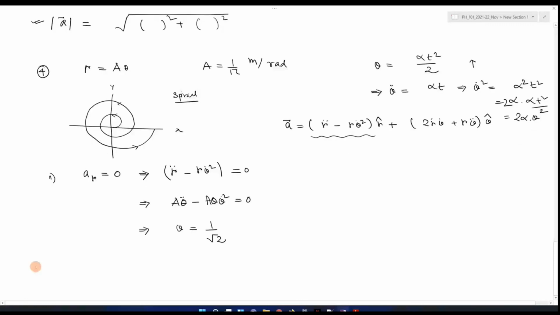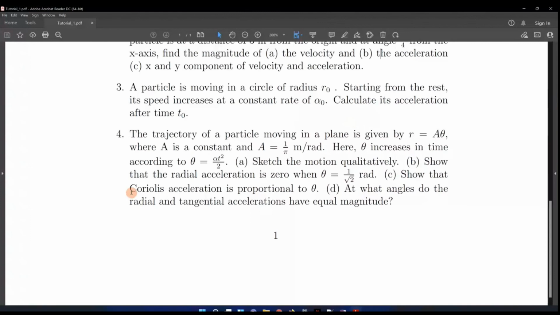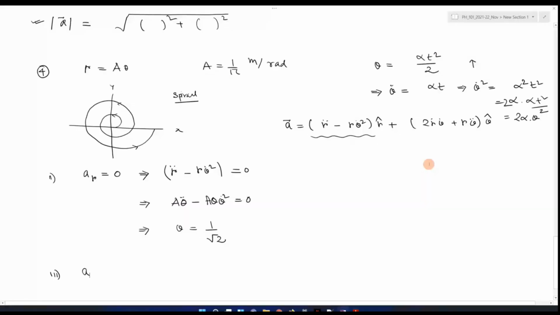Next part, you are asked to find what will be the Coriolis term. The equation is this, so that Coriolis acceleration is proportional to theta. This term is actually called Coriolis acceleration. Okay, this term is actually new to you. So Coriolis will be equal to 2 r dot theta dot.